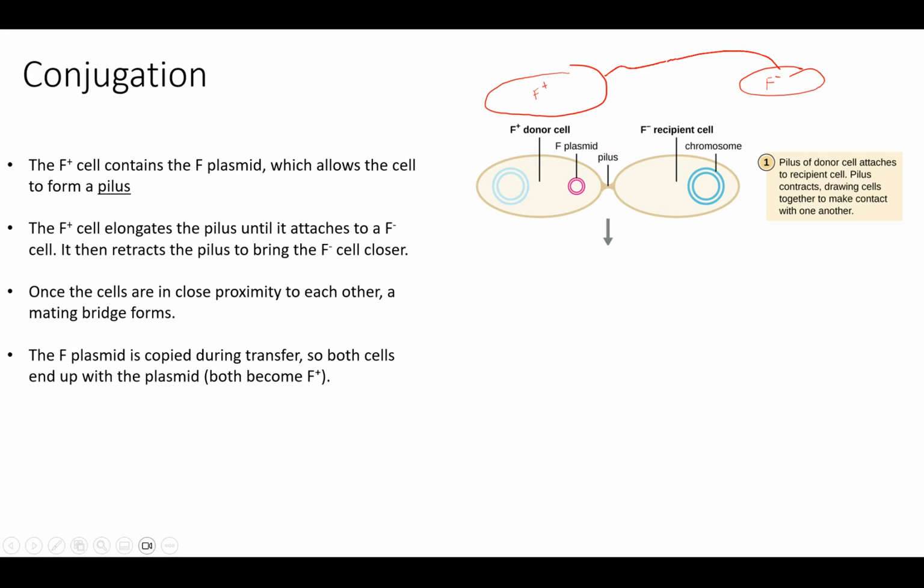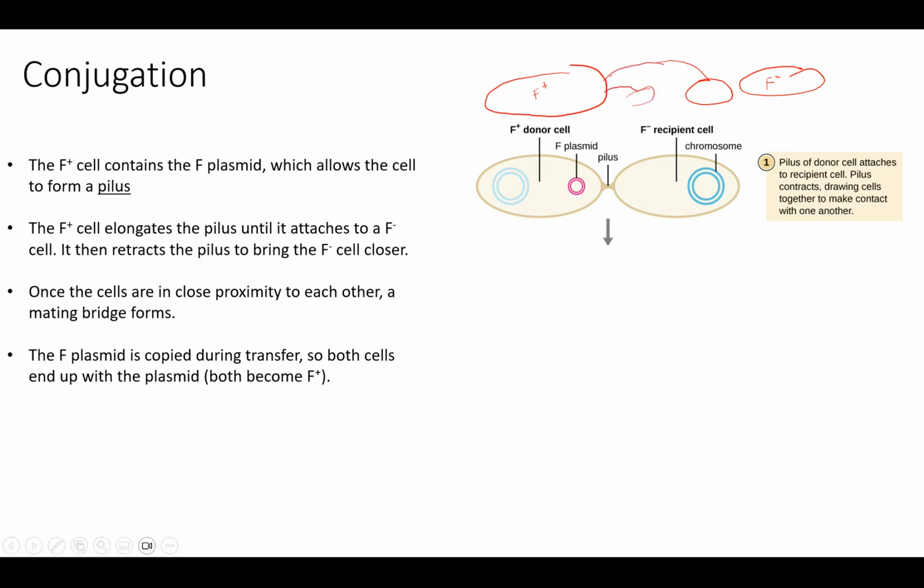And so I think of the pilus almost like a fishing line where it is built and extends outward, like you're casting a fishing line. It attaches to that recipient cell, but then it reels it in and it brings the cell closer. So I'm just going to try to show it coming in closer. Okay, now it's not, of course, changing size or anything.